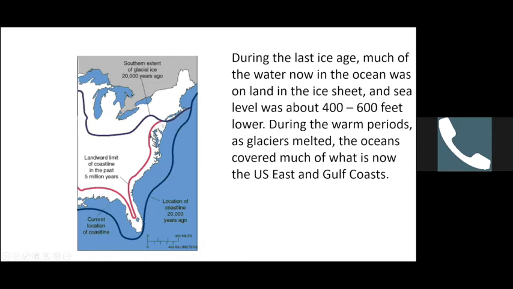And because sea level was so much lower, the edge of the continent was probably out here. And then in an interglacial period when sea level was higher, areas which are now land were covered with the ocean. So the sea coast was in this red line.